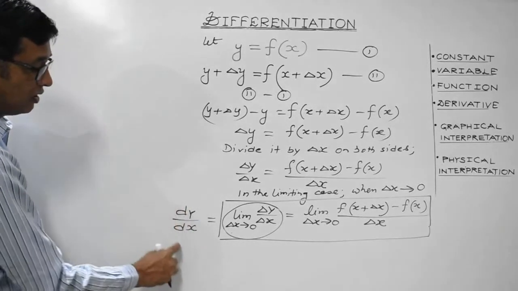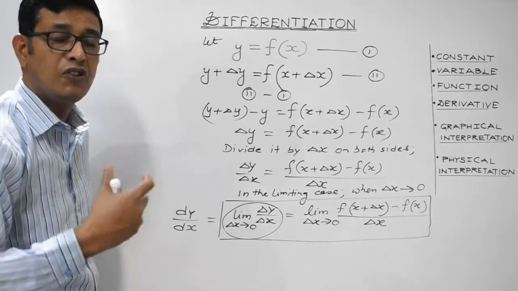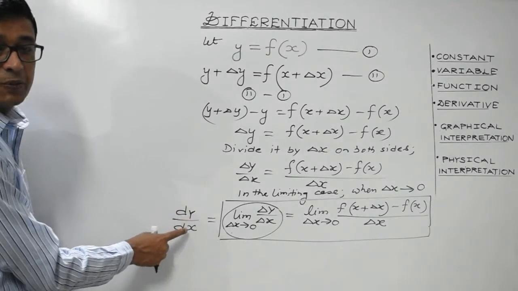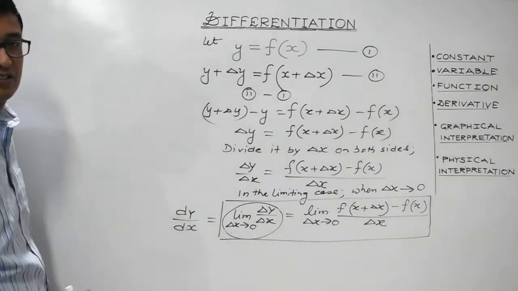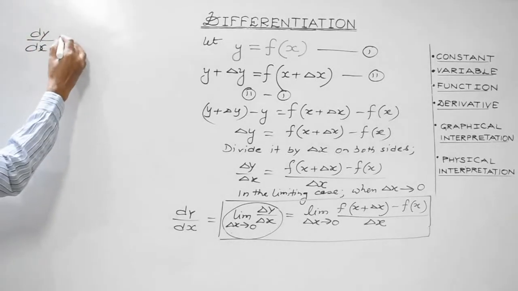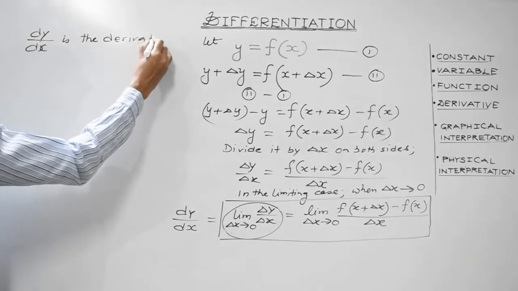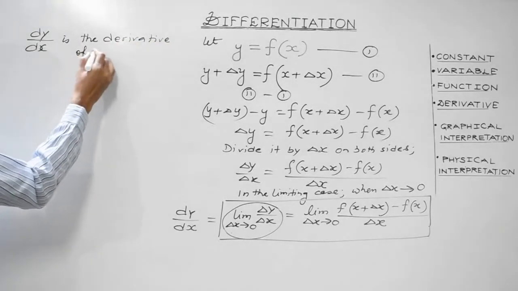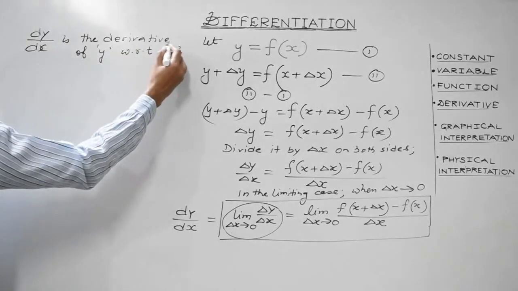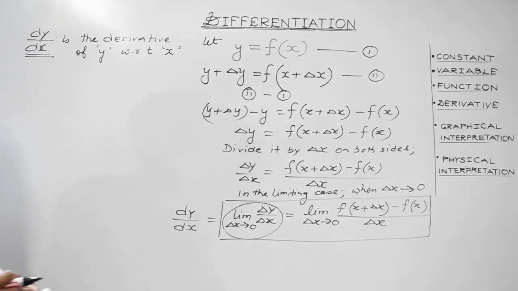This is the differentiation, or rather the differential coefficient or derivative of y with respect to variable x. So dy by dx is the derivative of y with respect to x. This is how it is read.